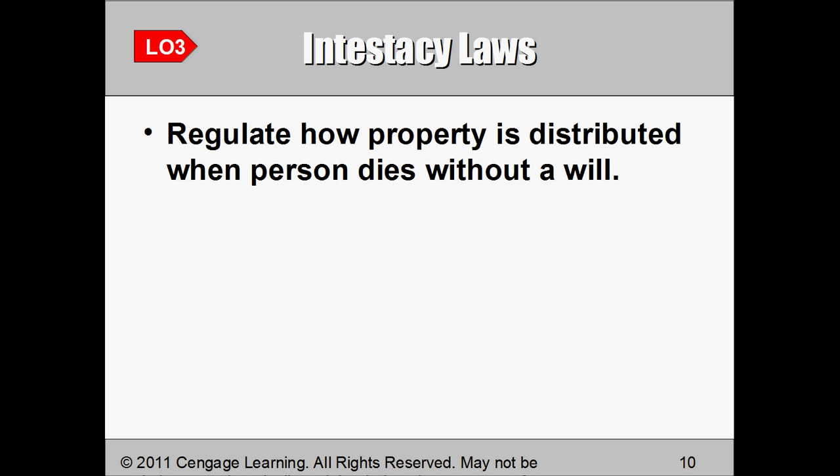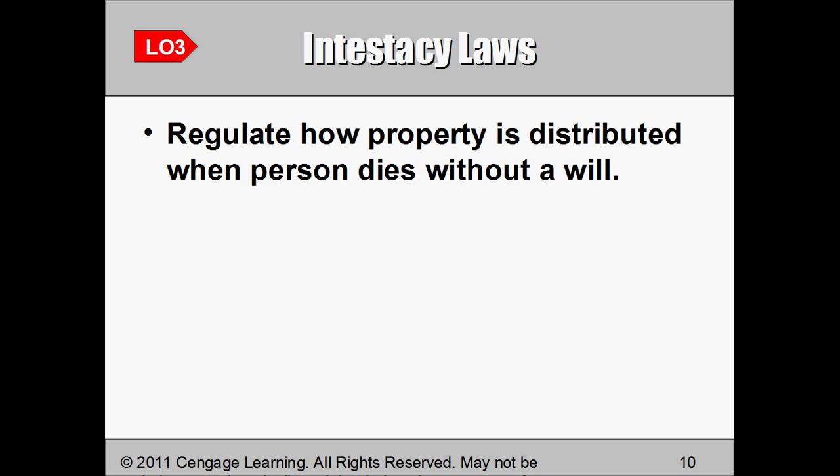Now, if we deal with learning objective 3, we're talking about intestacy laws. And these laws regulate how property is distributed when a person dies without a will. And we know that it's very important that a person leave a will so that they can have their property disposed of.